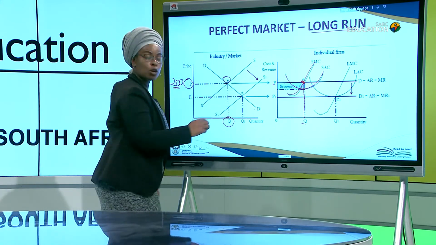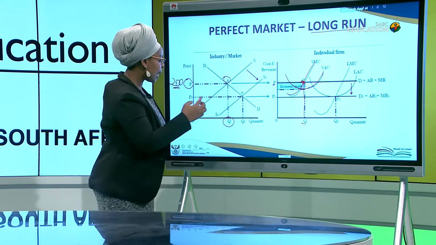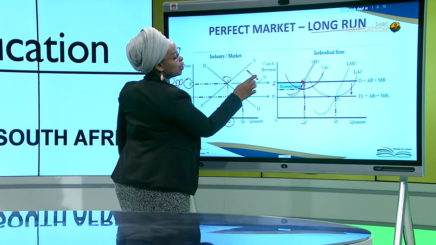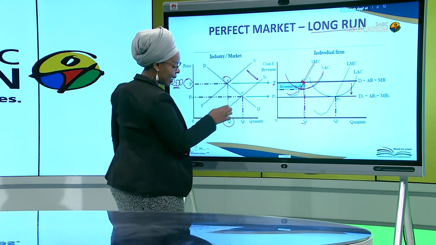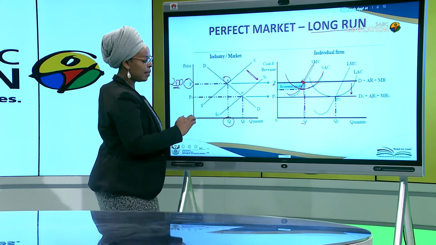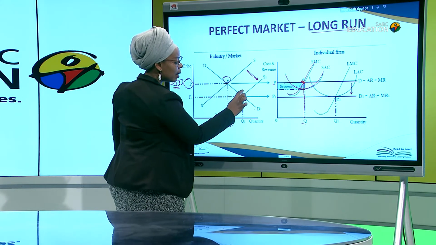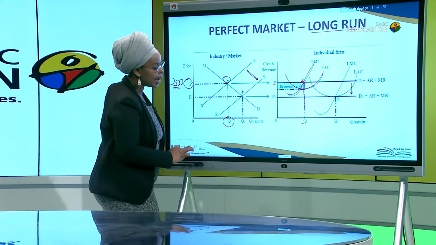Because they join, they supply the same product. The supply will shift. It will increase to the right. We will have a new supply curve, S1. And then we will also have a new equilibrium point here.